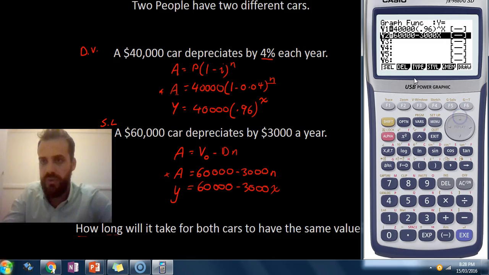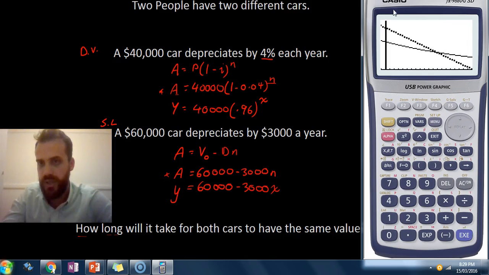Now, I just want everyone to see this really well, so I'm going to change my style on my second equation to be a dotted line. So don't forget, the dotted line is the straight line depreciation, and the curved line here is the diminishing value.